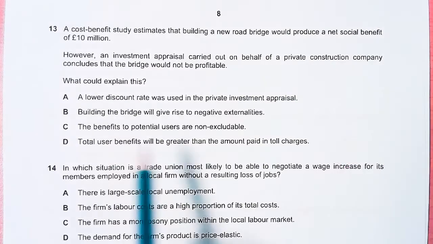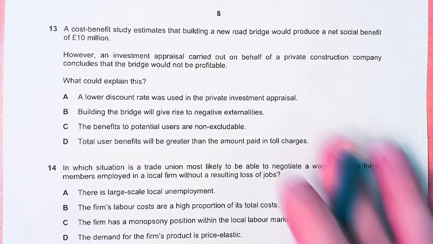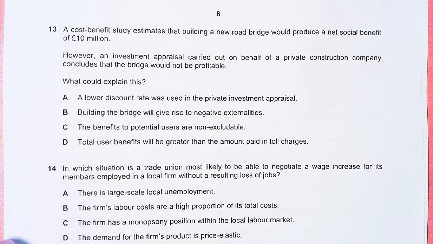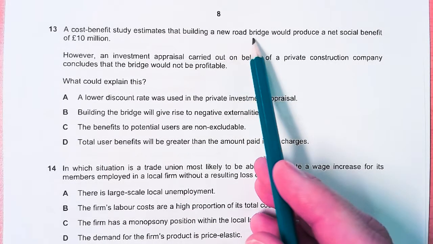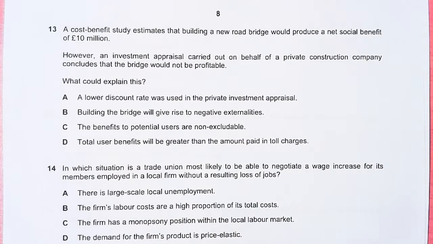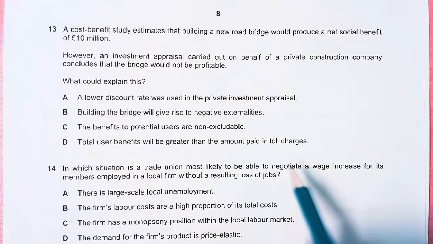The benefits to potential users are non-excludable. Well, again, just think about the nature of this. It's a road bridge, and therefore we know that road bridges often have toll booths, so you can actually exclude people in terms of the consumption of that.